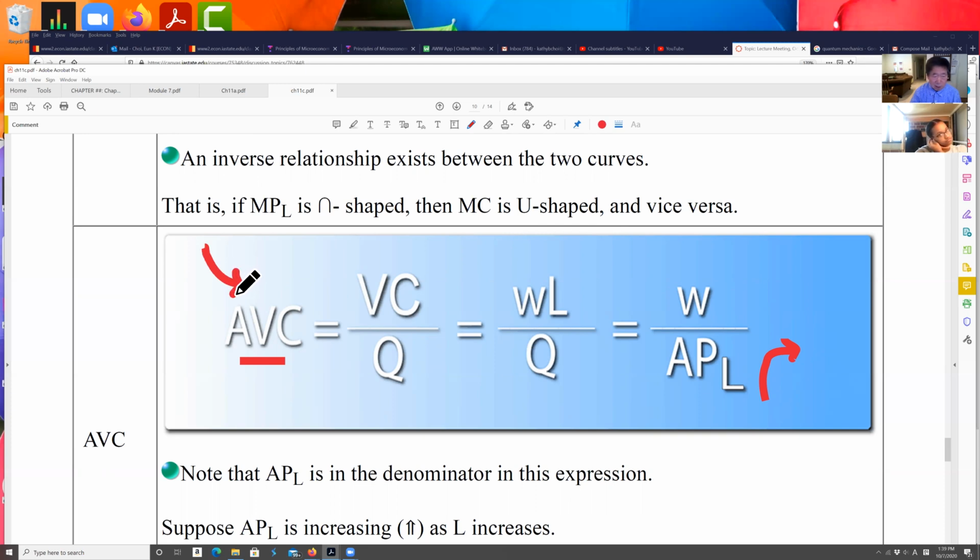When average product of labor is going down, average variable cost is going up. Okay, so again, there is an inverse relationship between the average variable cost curve and the average product of labor curve.